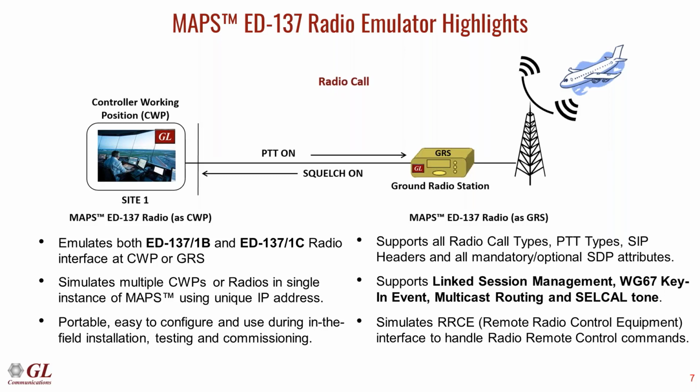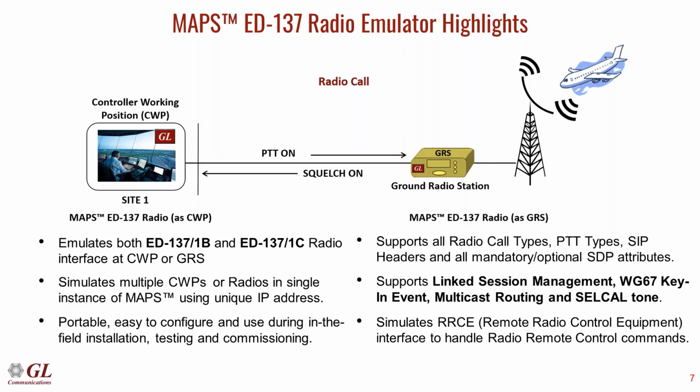It will also allow you to configure all the SIP headers and also the mandatory or optional SDP parameters specified in the specifications. Each end user can be configured with all these parameters, so that speaks about the flexibility it gives. It also supports important features like link session management, WG67 key-in event, multicast routing, and the SQ call tone transmissions.